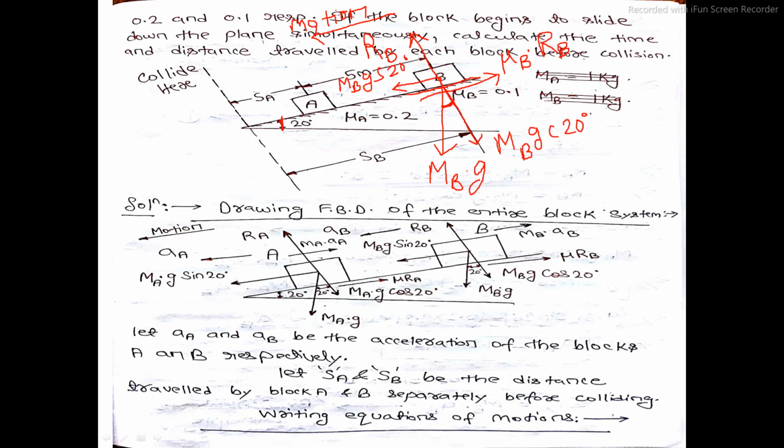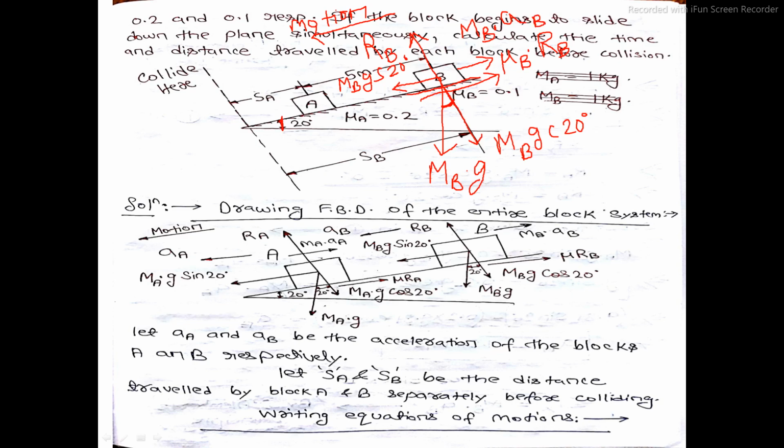Since block B is moving down the inclined plane, the inertia force on block B will act up the inclined plane. And what will be the magnitude of this inertia force? Its magnitude will be the mass of the block, mB, into the acceleration of the block, aB.